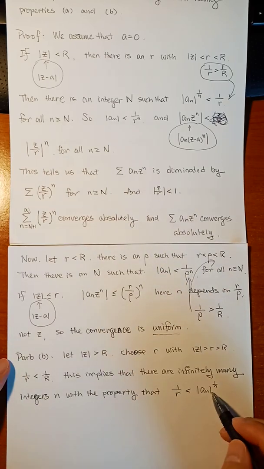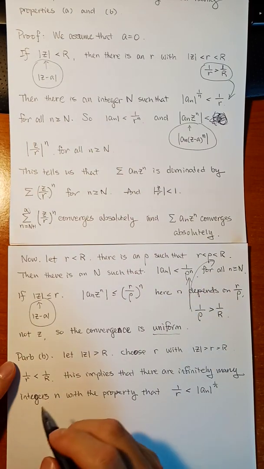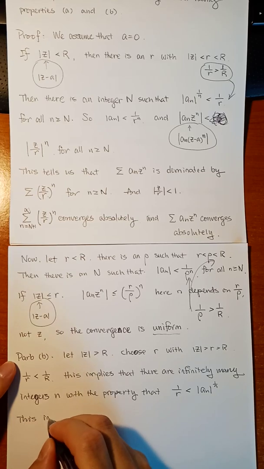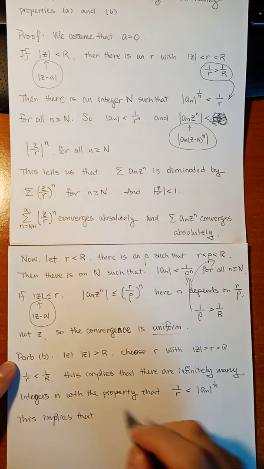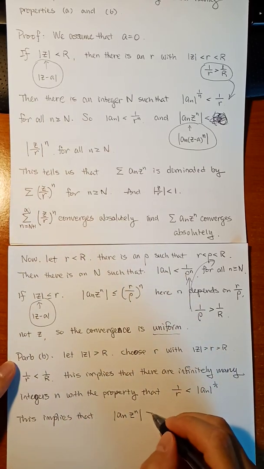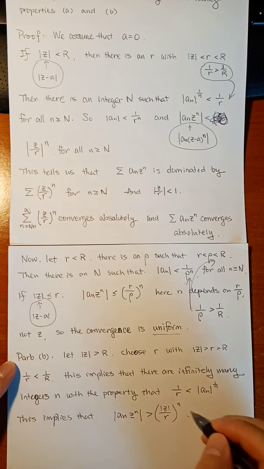So it will be that the absolute value of a sub n to the power 1 over n will be greater than 1 over r. And this implies that the absolute value of a sub n z to the nth power is greater than the absolute value of z over r to the nth power.